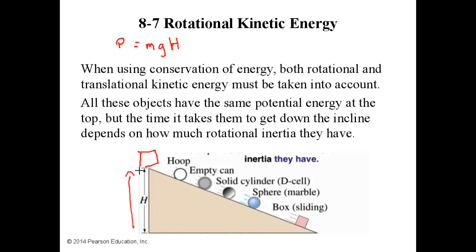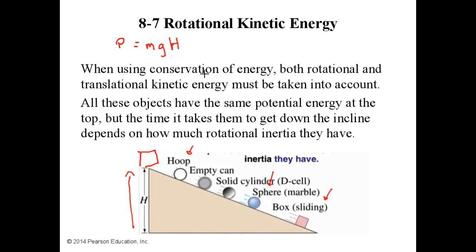Now we'll say all of these objects have the same mass to them. However, their mass is going to be distributed differently for various things. We're going to have a hoop, we're going to have a sphere, and we'll go with a box that does not rotate.